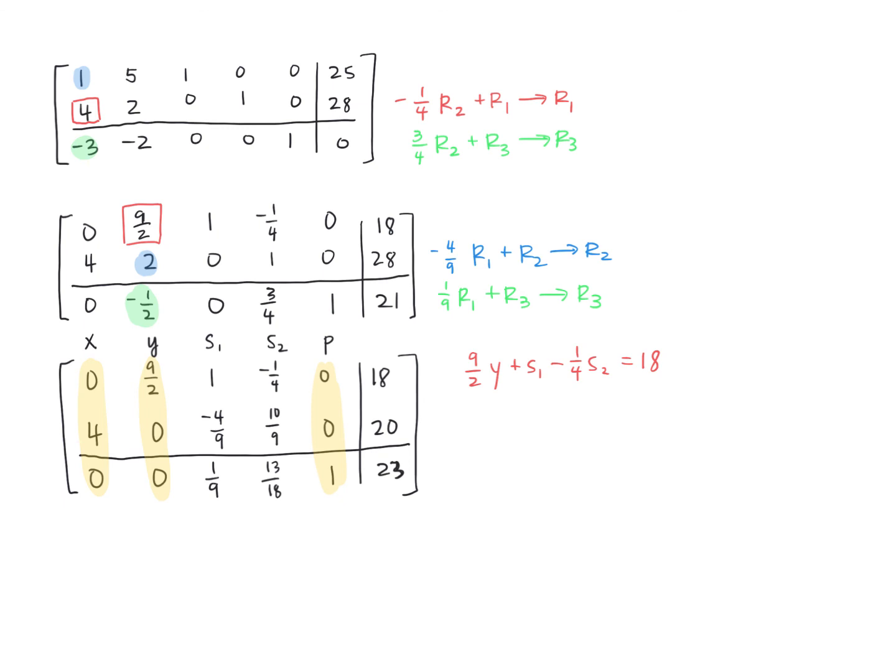The second row, we have 4x, 0y, negative 4/9 s1 plus 10/9 s2 plus 0p is equal to 20. And then from the last row, we have 1/9 s1 plus 13/18 s2 plus 1p is equal to 23.